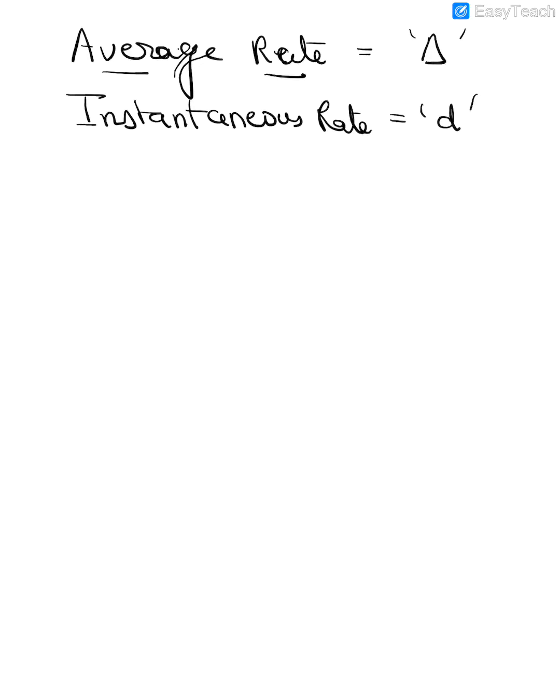Rate of a reaction can also be expressed as instantaneous rate of the reaction. The difference is, average rate of the reaction is expressed for larger change where we use symbol delta, whereas instantaneous rate can be expressed by using small d. Suppose we take an example, H2 plus I2 gives 2HI.